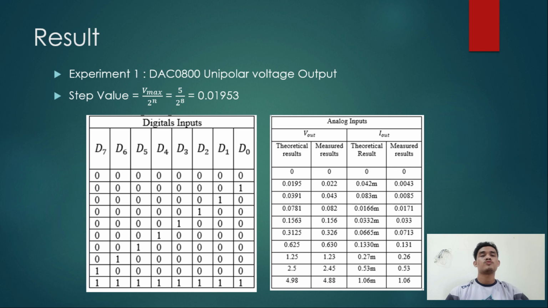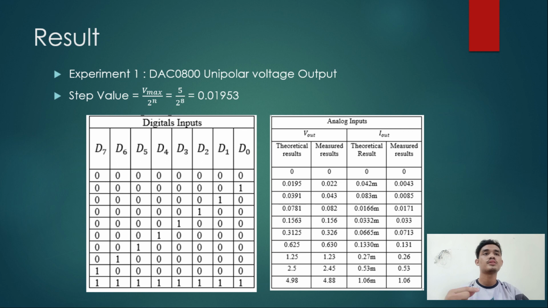Next is to find the I out. For the theoretical result, we just substitute the input into the earlier equation for I out for the unipolar voltage output, and we obtain the result as stated in this slide, which is 0, 0.042 and more.